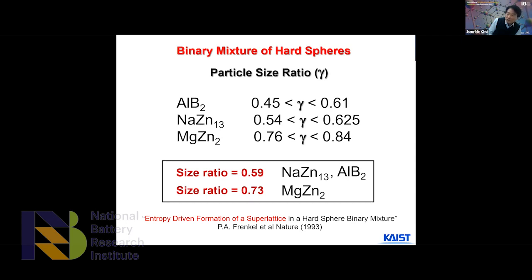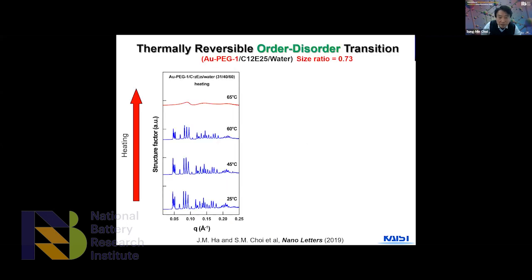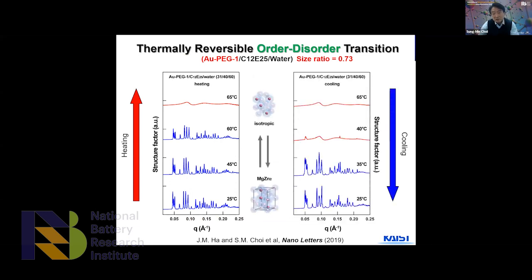Not necessarily all soft particles follow hard spheres, depending on the thickness of the shell and the softness of the particle. Some particles do not follow this hard sphere model, but in our cases, we found that they follow hard sphere models.